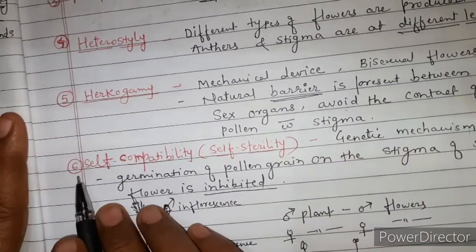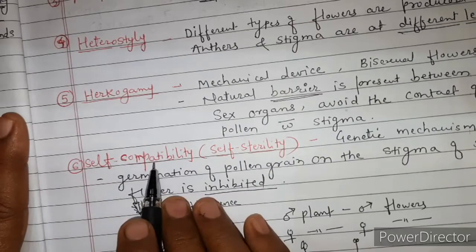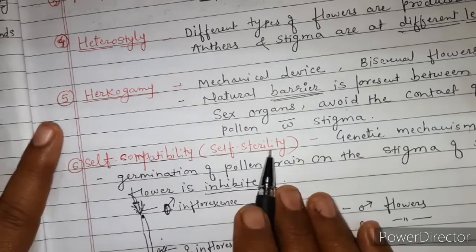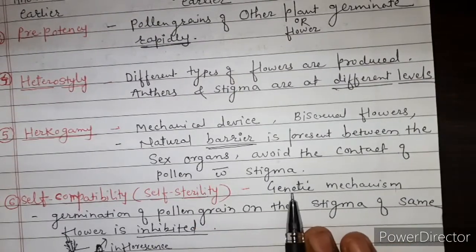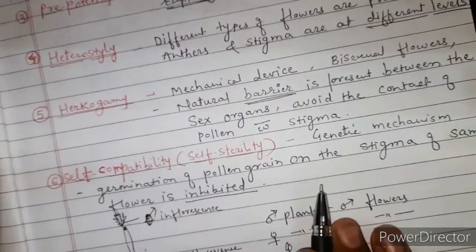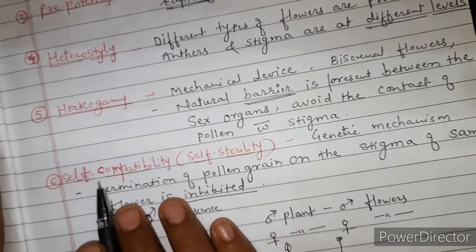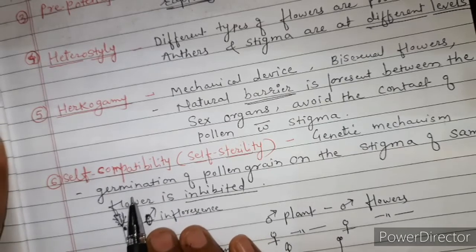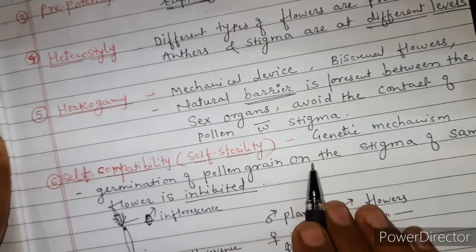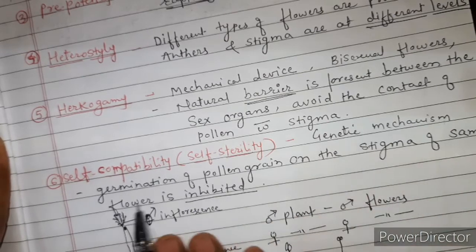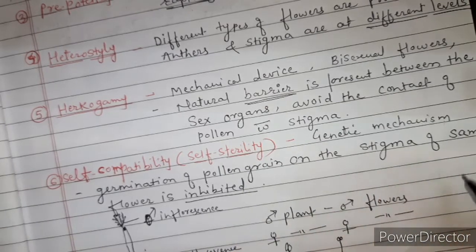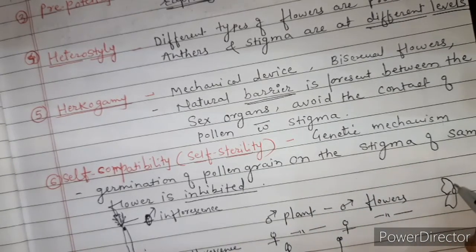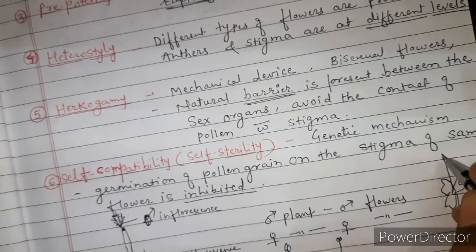Now the last outbreeding device is self incompatibility or self sterility. Self sterility is a genetic mechanism, it is due to genes, genetic factor मुळे आहे. What happens here? The germination of the pollen grain on the stigma of the same flower is inhibited. Inhibited म्हणजेच prevented. Suppose this is the flower, and here the stigma is there and the stamen is there.